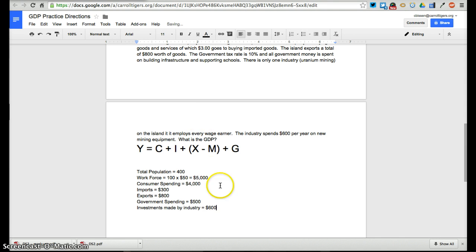Now that I have all of my things written out, I can go in here and do GDP equals, okay, consumer spending would be 4,000 plus investments made by industry, 600, plus exports, minus imports, plus government spending.